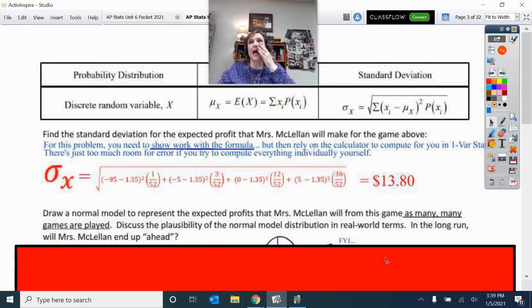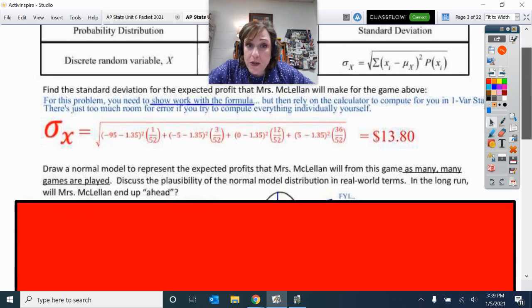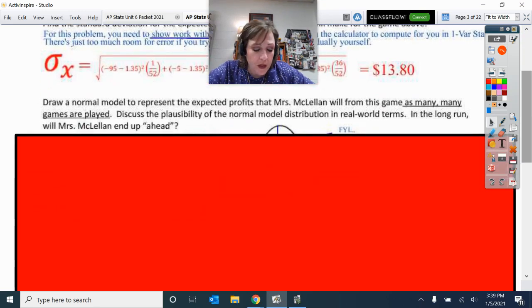So, that's meaning like 68% of the time I'm going to be plus 13.80 or minus 13.80 above or below the mean. Usually, FYI, in the way that lotteries and casinos and that kind of stuff is desirable is because they are typically quite varied.